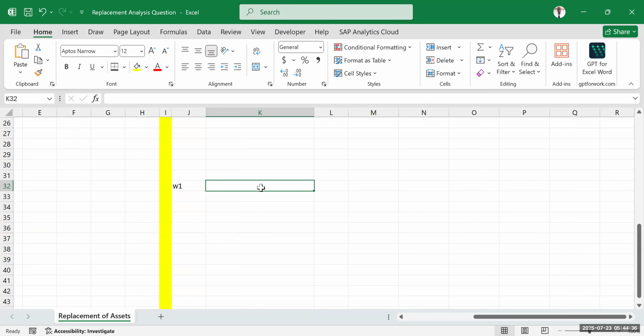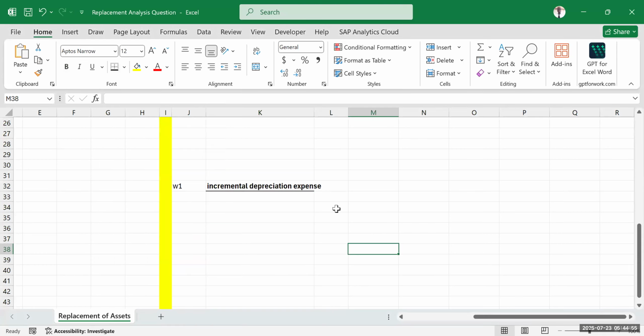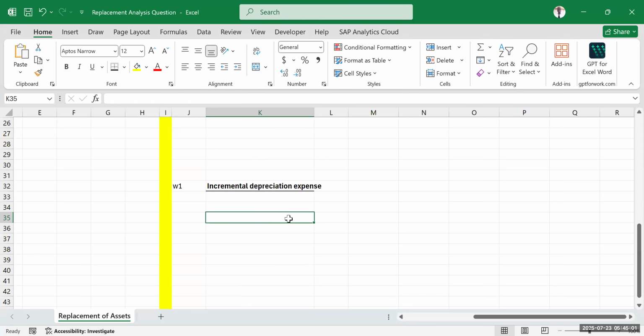And what we want to do is to compute incremental depreciation expense. We talk about incremental because we are considering depreciation on the old and depreciation on the new, so that we see by how much we are going to incur extra expense on this line of depreciation, because that is the depreciation that we are looking at, incremental.